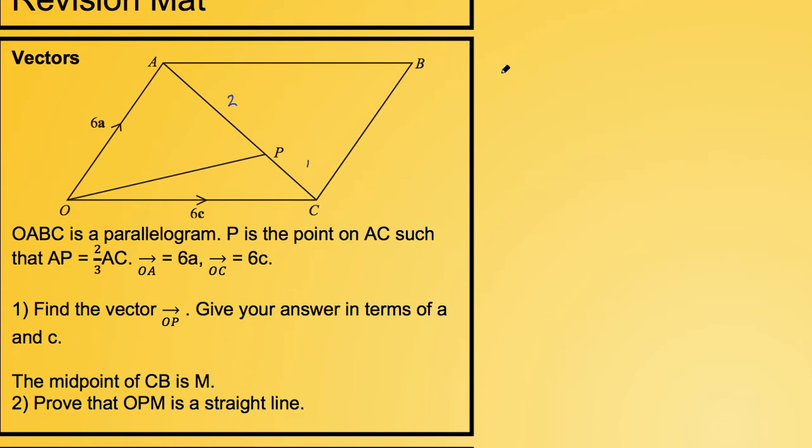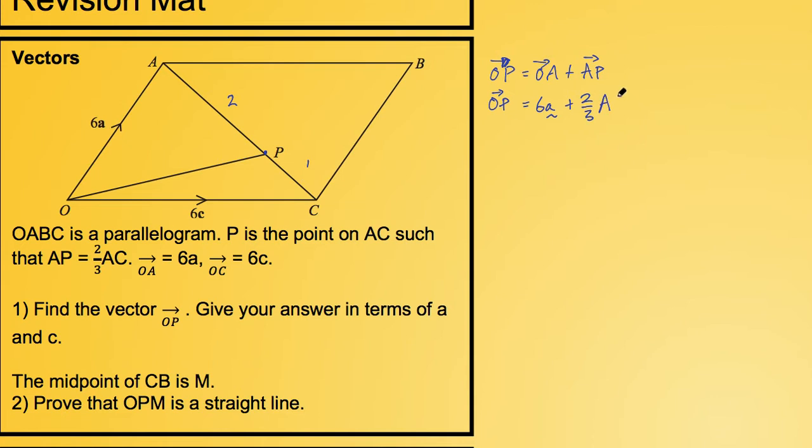So OP, I need to think of a good route for this. Let's go OA and then AP, and that's going to get me from O to P. So OP equals OA plus AP, and OA I already know is 6A in terms of A. AP I know is 2/3 of AC.